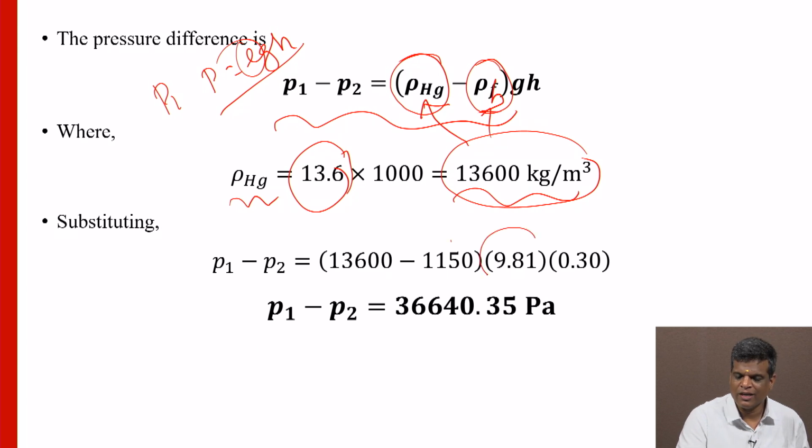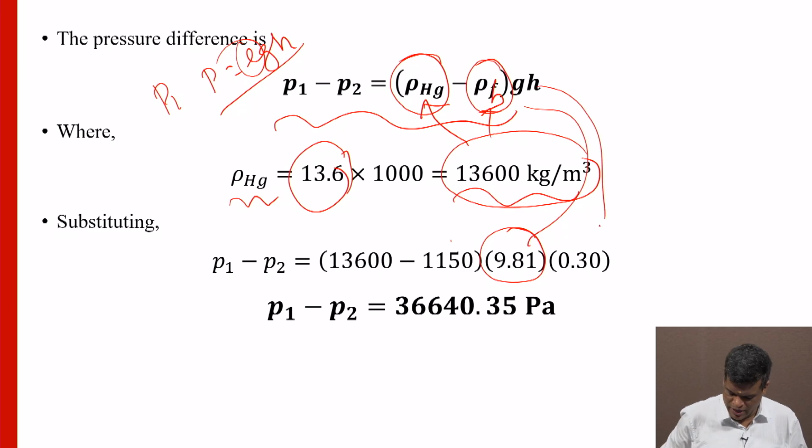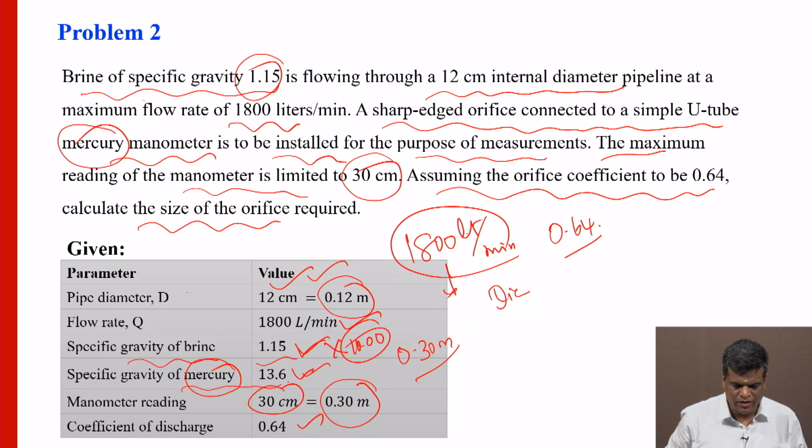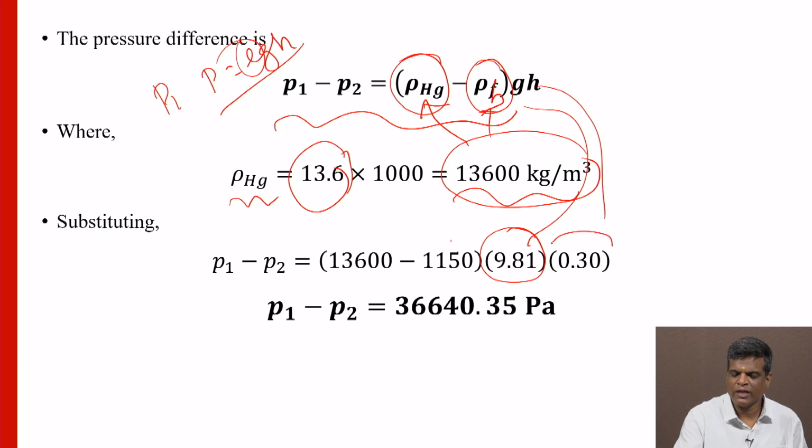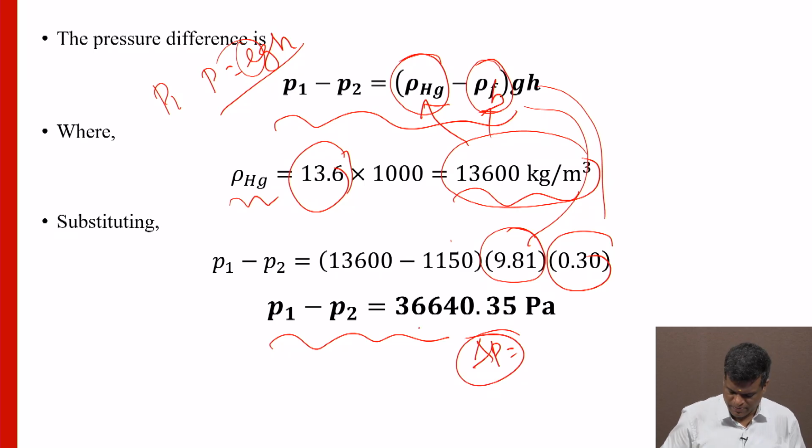Then we take gravitational acceleration g, and the height of the manometer reading, h equal to 0.30 meter. Then we get the pressure drop, delta P, which is 36640 Pascal.